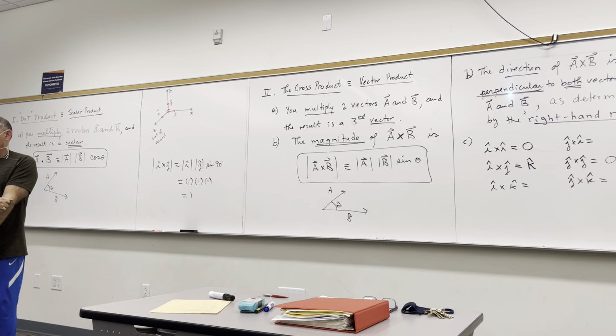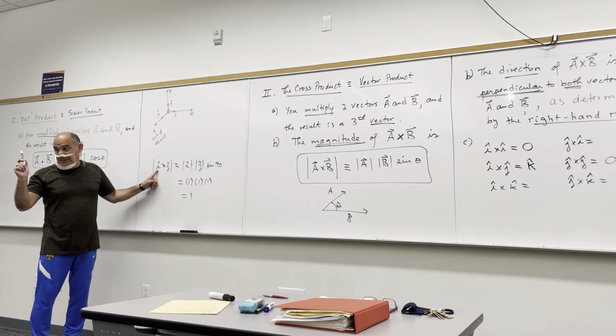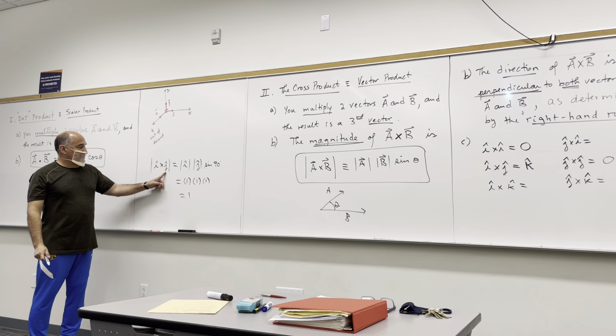In that picture, four fingers are to the right of your right hand, in the direction of I hat, and the second vector is your palm, pointing up, j hat. My thumb comes out of the board. So it's going to be in the positive z direction, but the magnitude is 1. So that's defined as k hat.